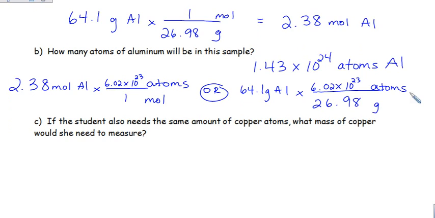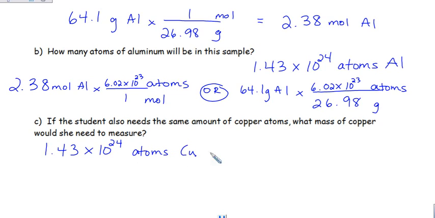Okay, so again, we have a couple options. We want a sample of copper with the same amount of atoms. Well, you could use that aluminum atom. We have 1.43 times 10 to the 24th atoms of aluminum, and now I want the same amount of copper atoms. So I could say, well, I want this many atoms of copper.